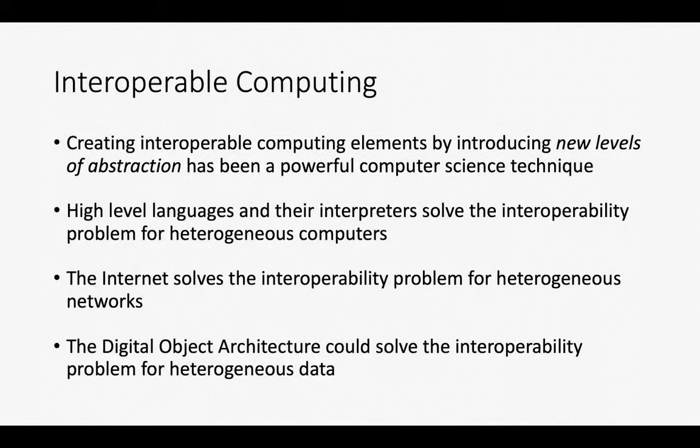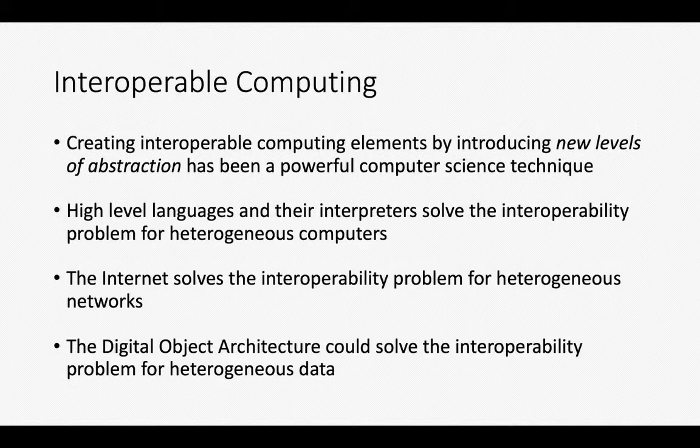High-level languages and their interpreters solve the interoperability problem for heterogeneous computing, basically language being used on computers that are not necessarily the same operating system or the same environment. The internet really solves the problem for interoperability on heterogeneous networks. And the digital object architecture is an attempt to solve this interoperability problem for heterogeneous data.